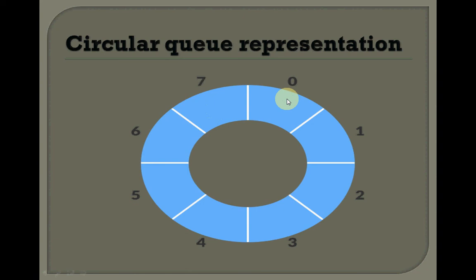Suppose we are going to dequeue some elements, suppose A, B, C. Then whatever space is vacant here will again be utilized by the queue, by using this formula.